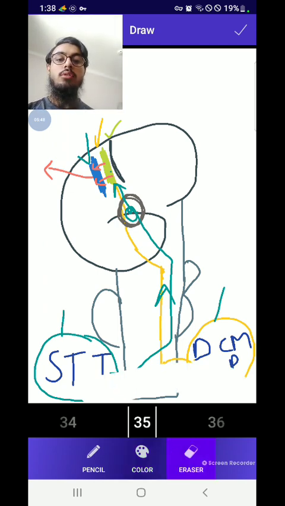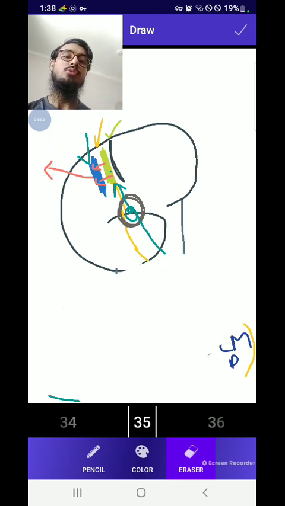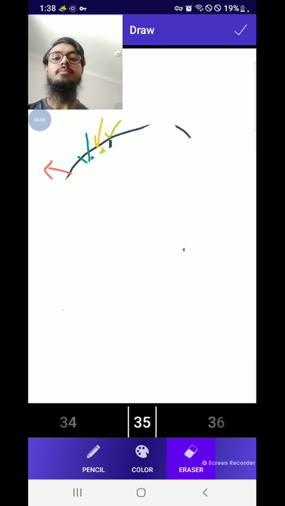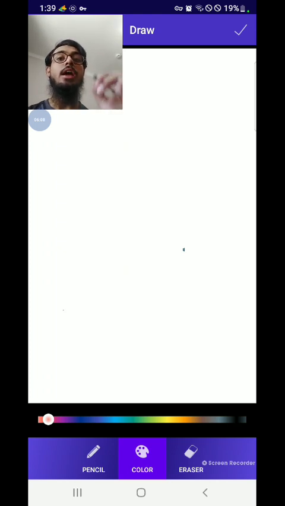So now we move towards the clinical relation to these pathways. Somatosensory association cortex. Now let's talk about the clinical importance of this pathway. When there is a lesion to this pathway, what type of clinical features appear in the patient?